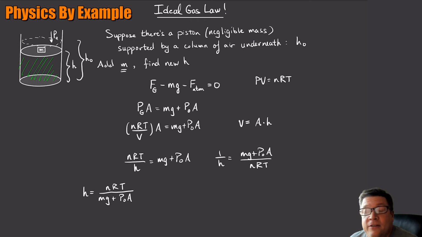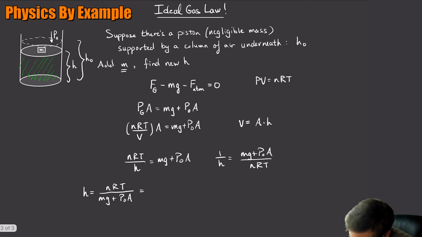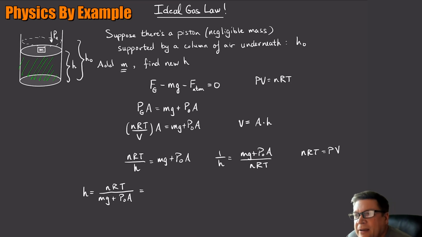Let's go a little bit further. What about the n? Maybe I don't know the number of moles of the gas that's in there. So what is this n? I've got nRT up top, and nRT is equal to PV. But look, our temperature hasn't really changed.